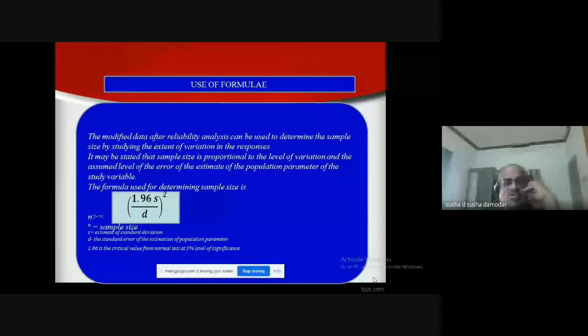So by using this formula, we can fix the optimum size for our study. And this formula can be applied against the responses in the pilot study. Through the pilot study, we can have certain information. Based on the data, we apply this formula for the fixation of optimum sample size.